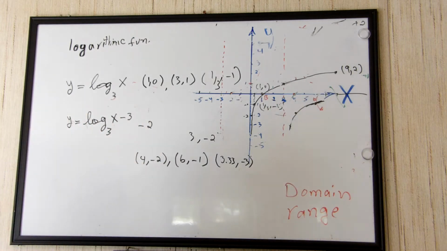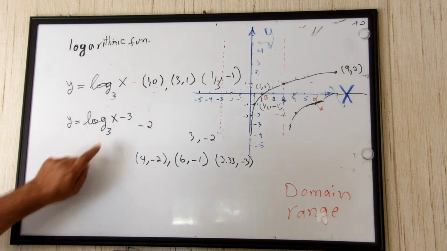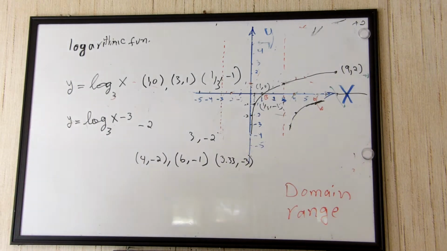Now somebody tells you to graph this one using the transformation. We use the transformation to find the graph.